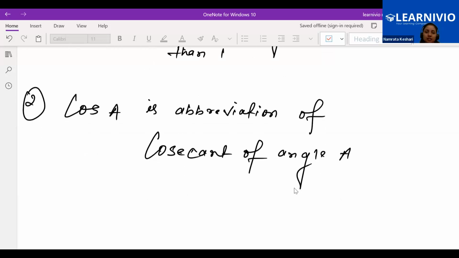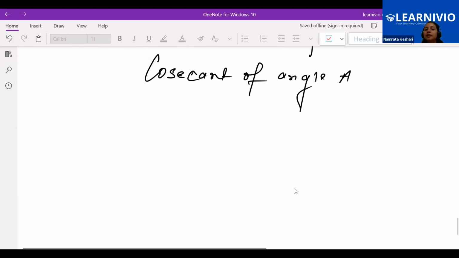Okay, let's check it. In our first class, we were discussing where sine came from; the full form is sine.